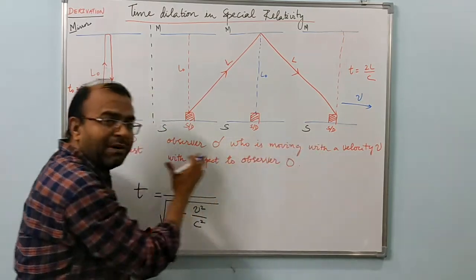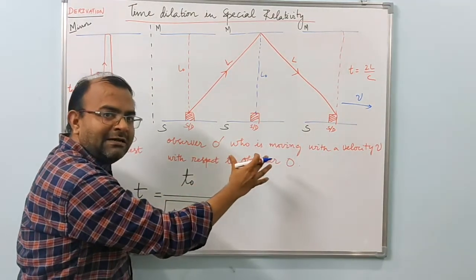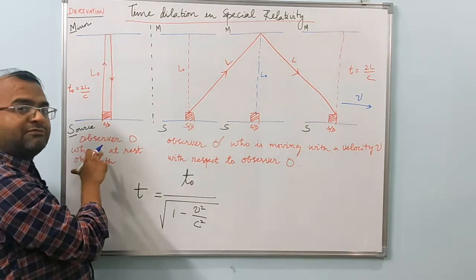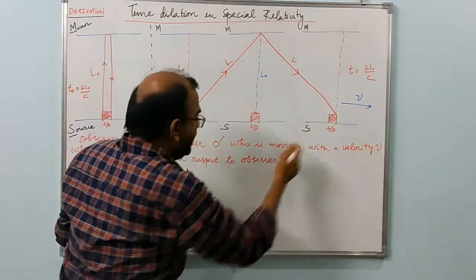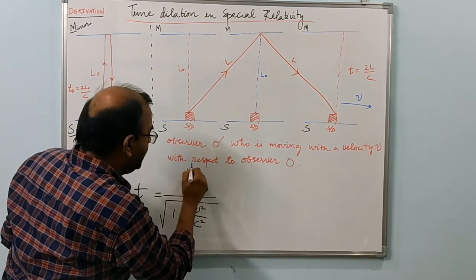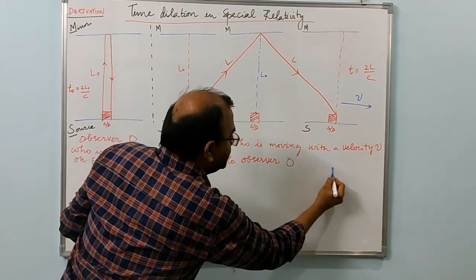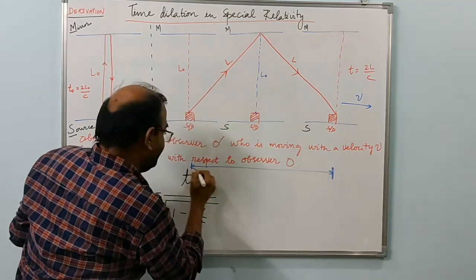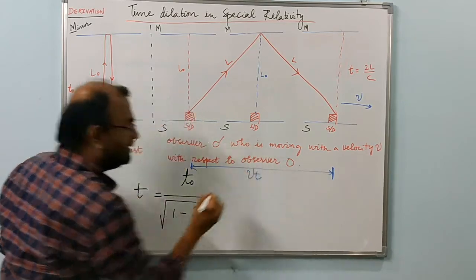If this particular event has taken a time t as measured by observer O, and the velocity is v, then the distance that this clock has moved from this point to this point would be v times t.